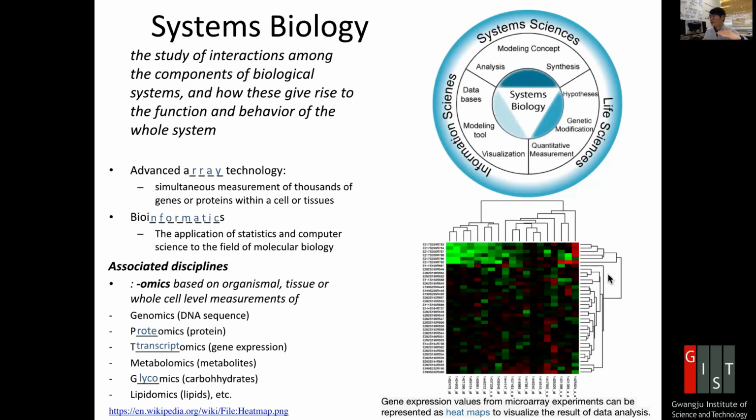And the algorithm arranges all of this so that you can see similar parts similarly arranged. These gene expression values are from microarray experiments, and one can use heat maps to visualize the results of data analysis. This allows us to comprehensively understand what's going on not at a single level, but across thousands of experiments.